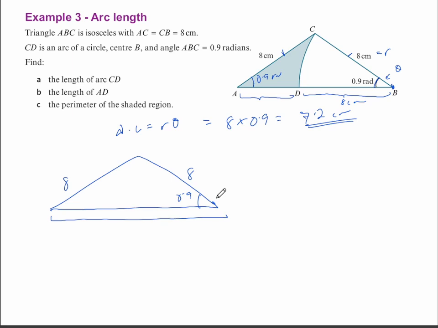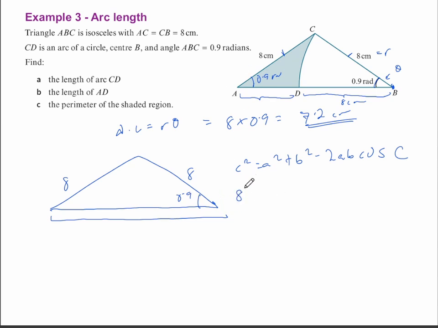And this is a perfect example of the cosine rule, where c squared equals a squared plus b squared minus 2ab cos C, where C and c are opposite to each other, the capital C being the angle and the small c being the side opposite that angle.